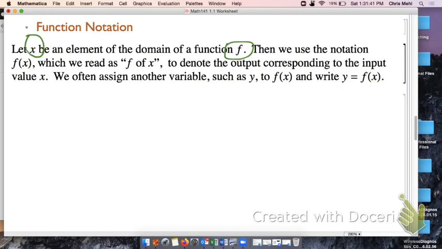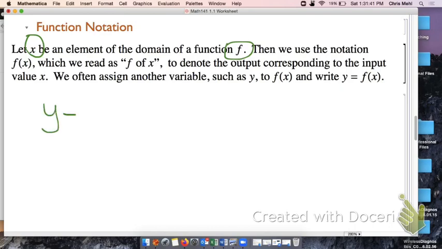So x is going to be the variable that represents numbers in the domain, associated with the independent variable. Then you use the notation f(x), which we read as f of x. That's just going to denote the output corresponding to the input value of x. And then you often assign another variable, y, which is going to be the dependent variable, representing an output. You assign that to f of x and write y equals f of x.